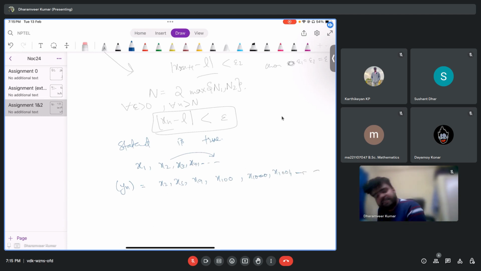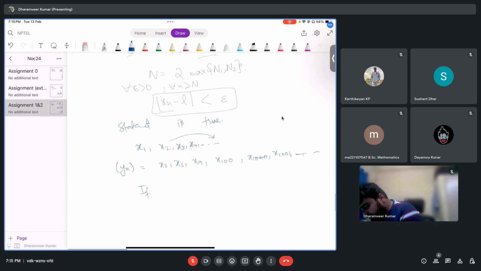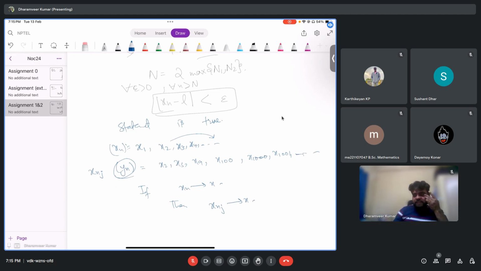Again, it has to be a sequence going to infinity. So if this is xn, and xn converges to x, then we typically write the subsequence as xnj, and xnj also converges to x.